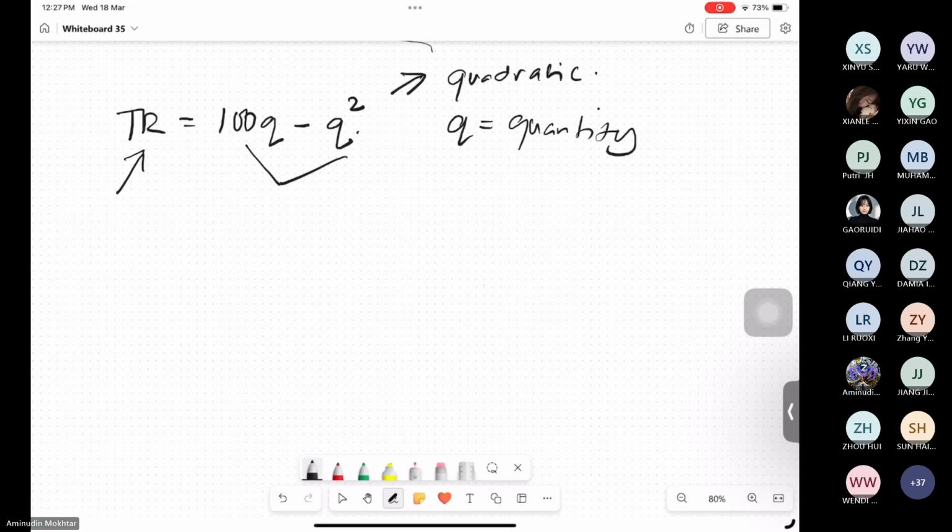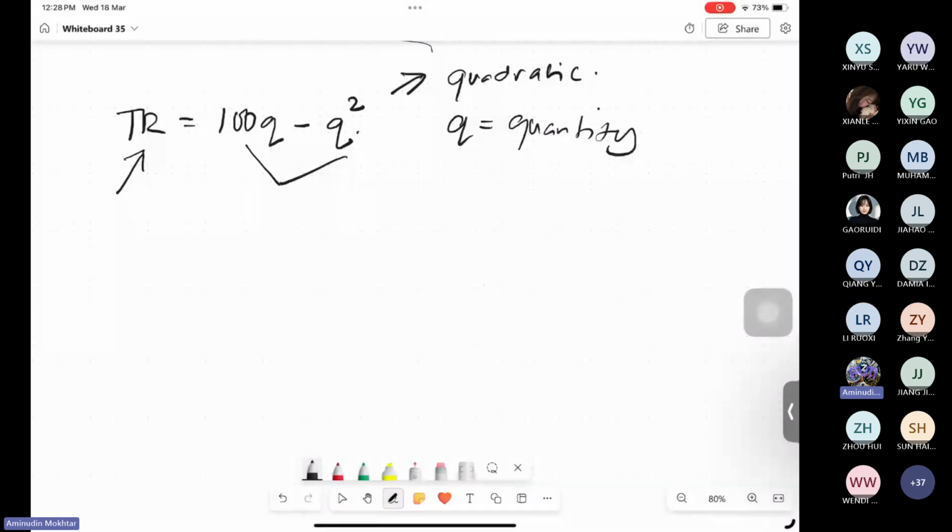Now, how to relate this equation in terms of function, in terms of domain and range. If you refer to page 1, TR is total revenue, Q is quantity sold.